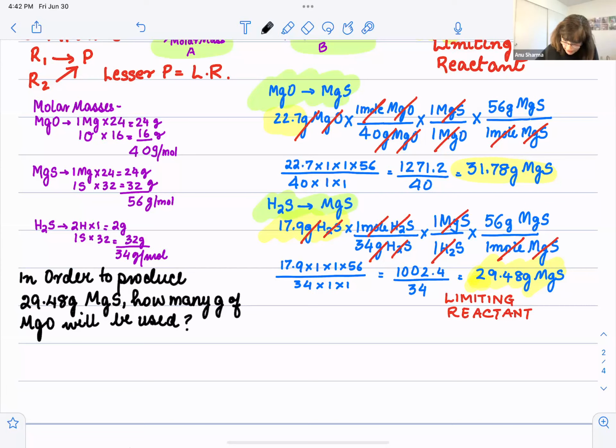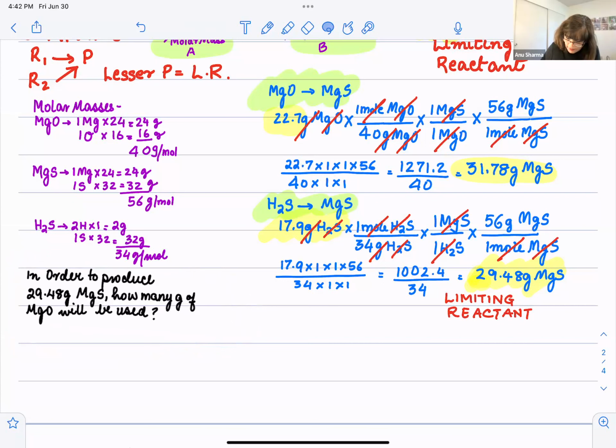Okay, so we know the excess is in excess, but how much is going to be used? Only then can you find out the leftover. So this is what we are trying to address now, the last part.